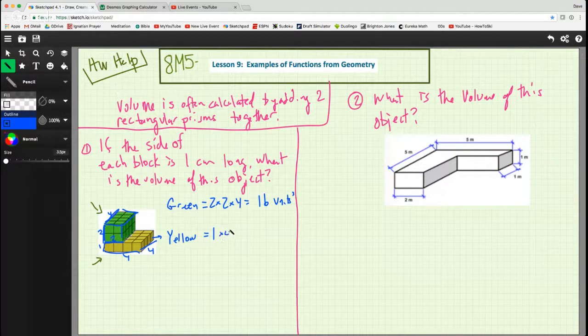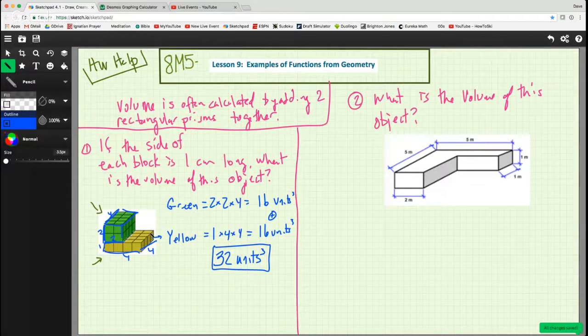That's also 16 units cubed. So we just add those together. So if we have 16 blocks and 16 blocks, we have 32 units cubed. Let's count them up.